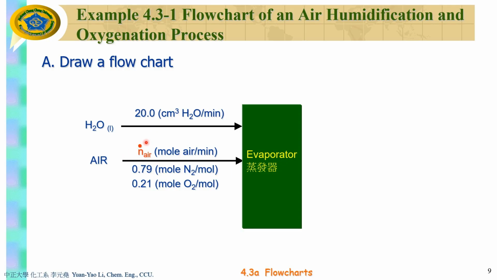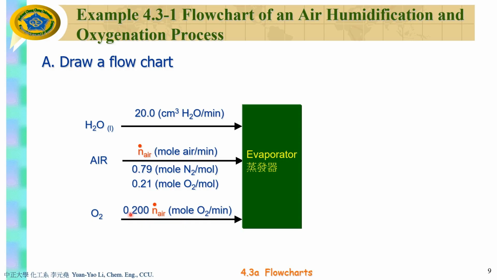And listen, I always mark unknowns in red color. So a symbol marked in red always represents an unknown in my course. Okay, you have stream 3, which is pure oxygen, and we understand this oxygen is 20% of this input.